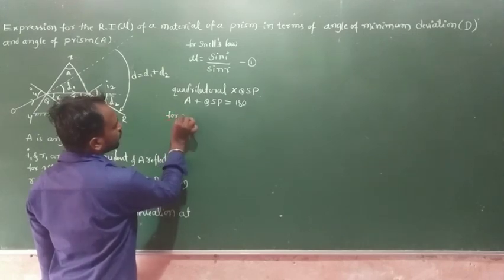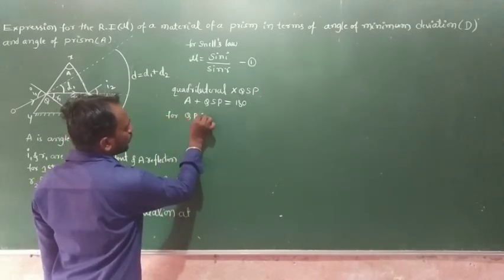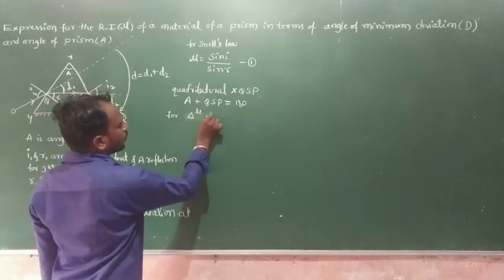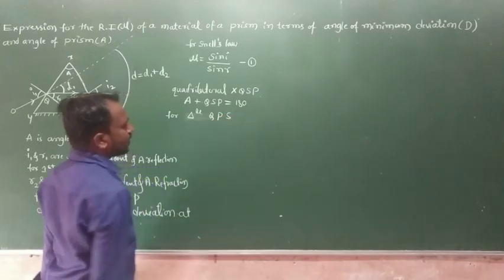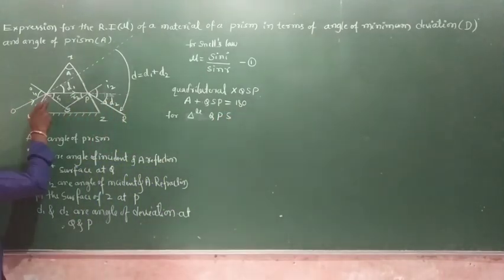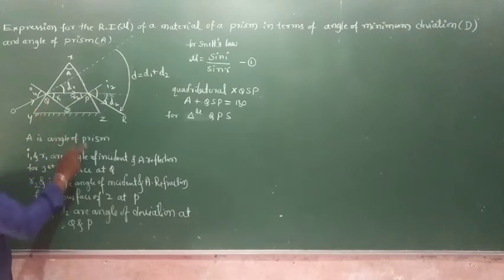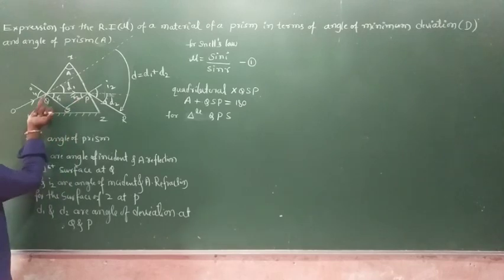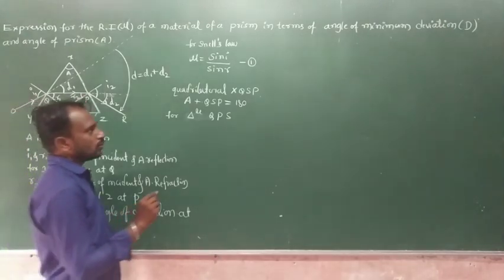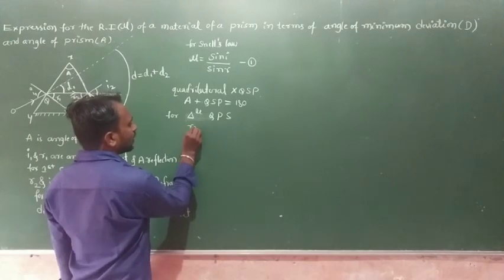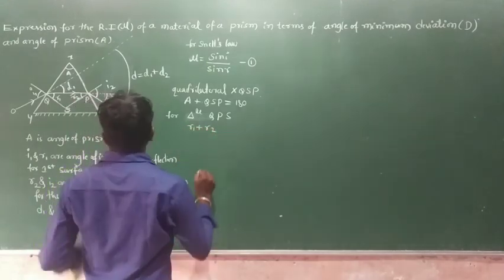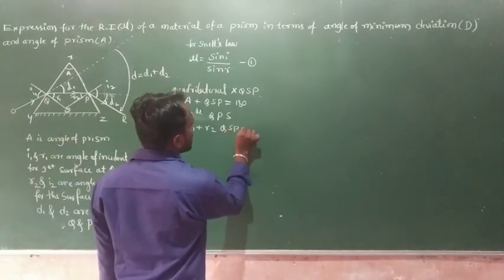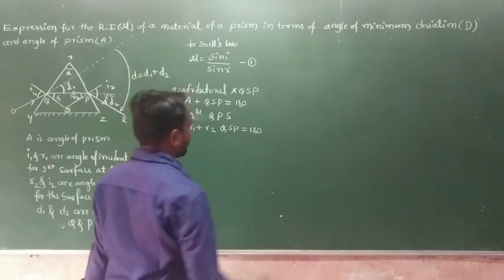For triangle QPS, the total three angles sum to 180 degrees. So the first angle is R1, the second angle is R2, and the third angle is QSP, which is equal to 180 degrees.